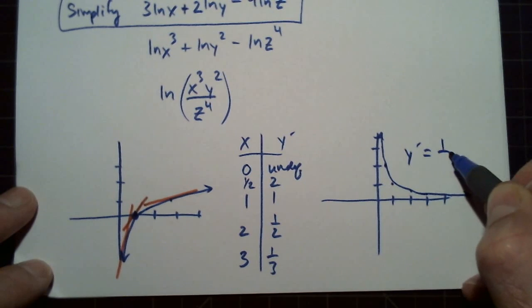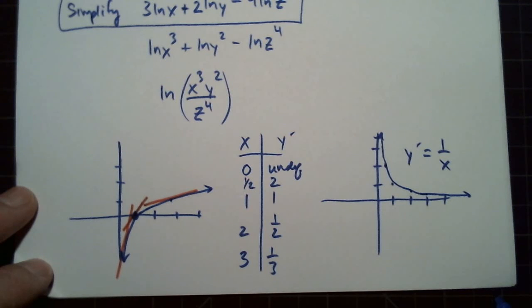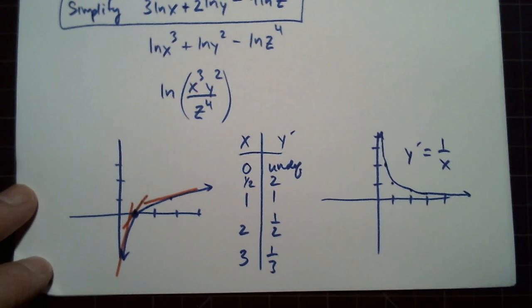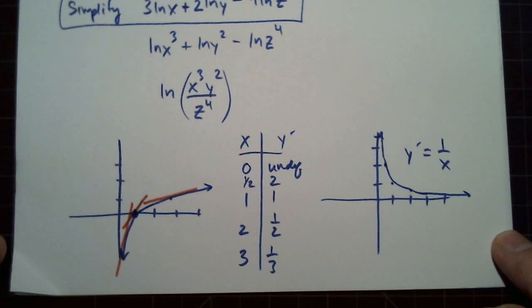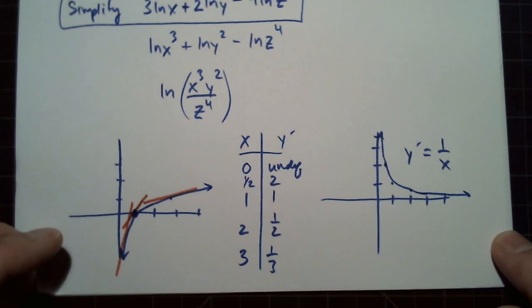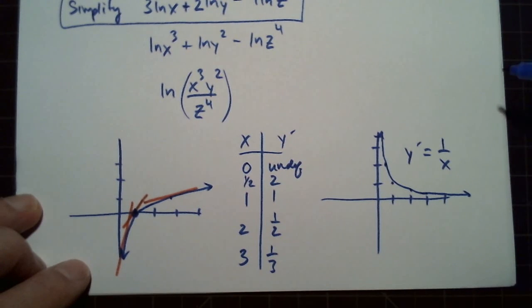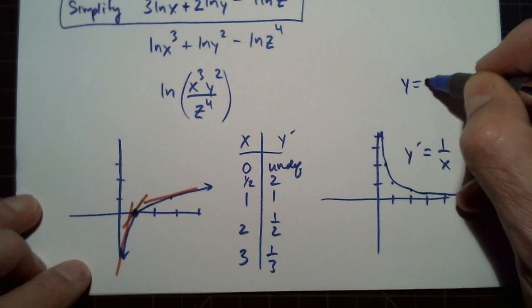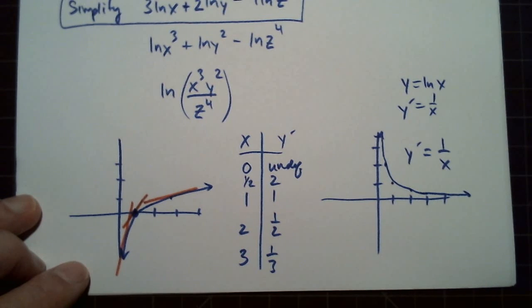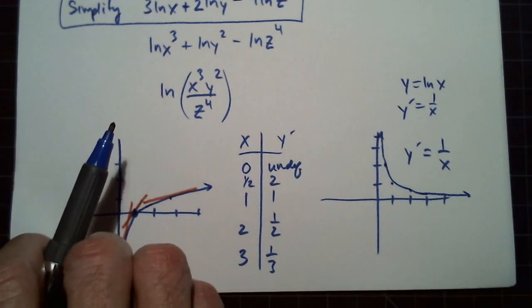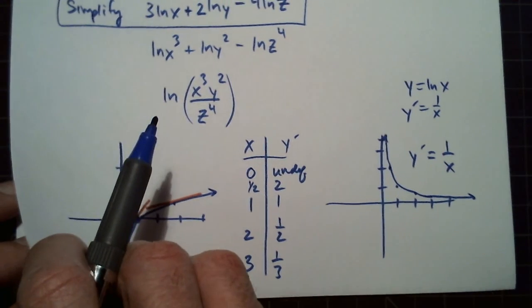So we can see that y prime is 1 over x. And this is just evidence. It's not a proof, but it helps you visualize what's happening. So we know now that if we have y equals natural log of x, then y prime is 1 over x. And then we can just go through dealing with all the derivative properties combined with that concept.